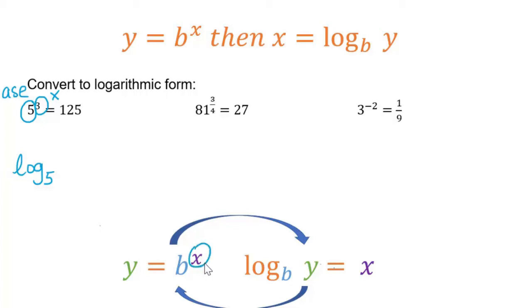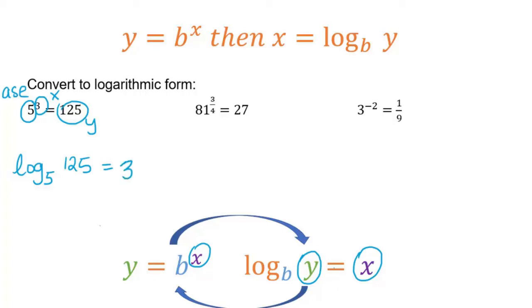So we have the exponent x down here, and we'll see that the logarithm is equal to x. The base raised to the exponent x is equal to y. In the logarithmic form, y is the number we take the logarithm of. So the logarithm here is of 125 to the base 5, and that's equal to 3.